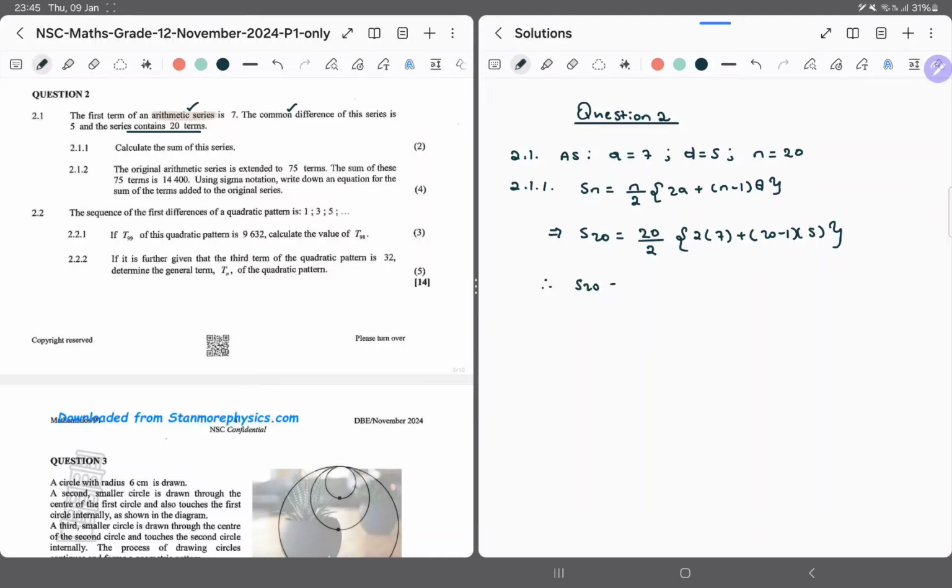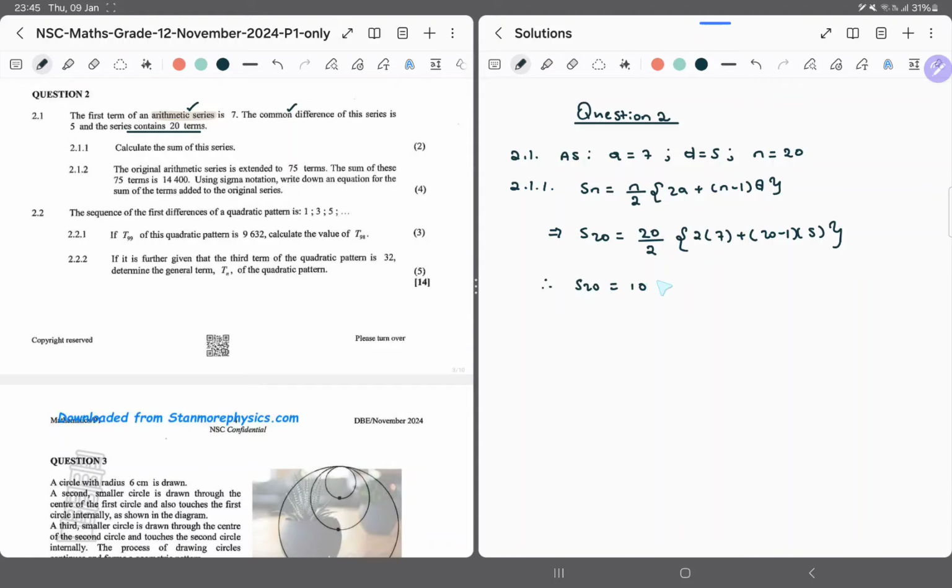Therefore, our S20 is going to give us what comes out. So we plug this into the calculator straight away, not waste time. 2 into 7 plus 20 minus 1 into 5. Just ensure that the substitutions are correct.